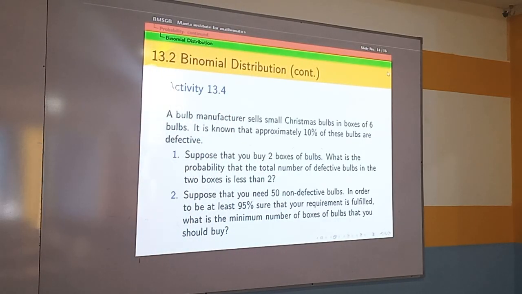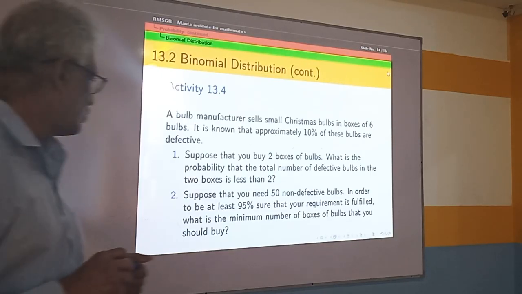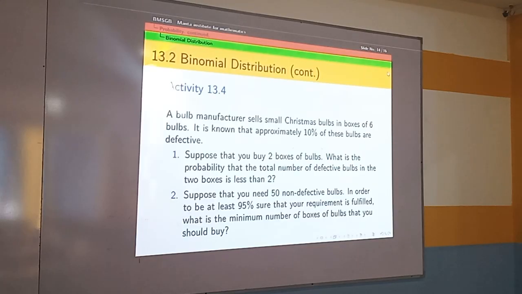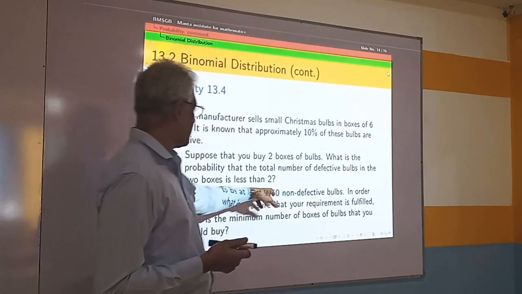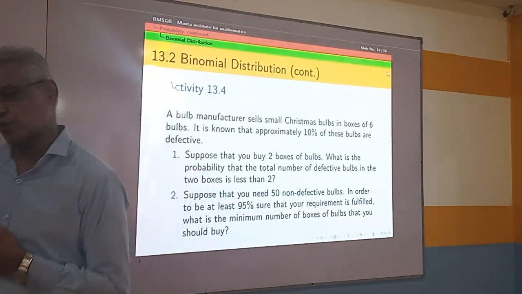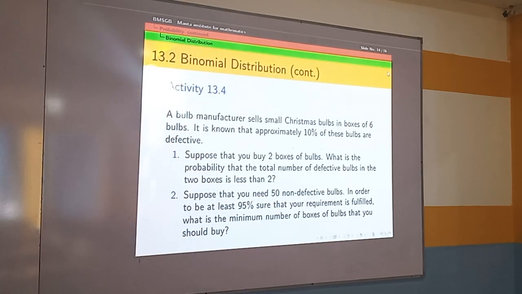So then you may be looking at 6 times n bulbs, right? If your sample size is 6 times n, what you want is the number of non-defective bulbs to be greater than or equal to 50, because you need at least 50 for your task. So if you have at least 50 non-defective bulbs, you are okay with it.